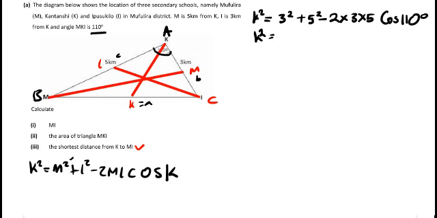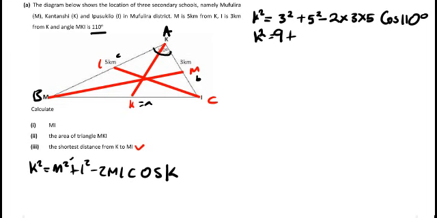Therefore, in order for you not to get confused, you can do it stepwise, which simply means that you are just going to say 3 squared, it is a 9, plus you do 5 squared, which is a 25.